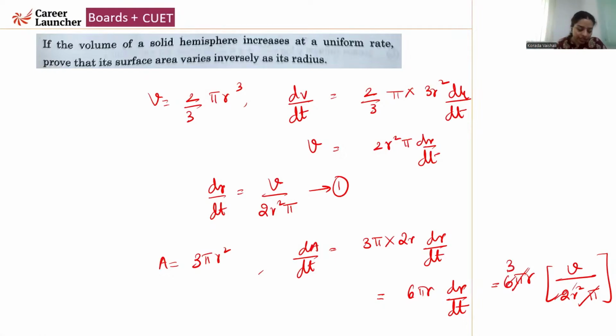So how much are we getting? So this is going to be simply, अगर आप बस r के comparison में देखोगे, so the change in the surface area is inversely proportional to 1 by r. राइट. सो बस मुझे यही प्रूव करना है इसमें, और इन टर्म्स ऑफ वैल्यूज इन डेप्थ नहीं जाना है. It is going to be in terms of r only, जो आप अपना आंसर बताओगे. Now let's move on to next question.